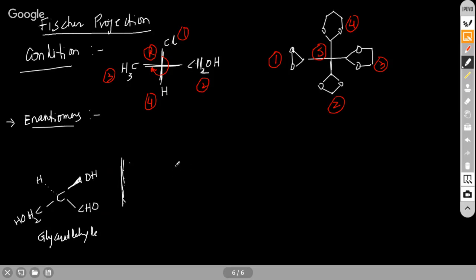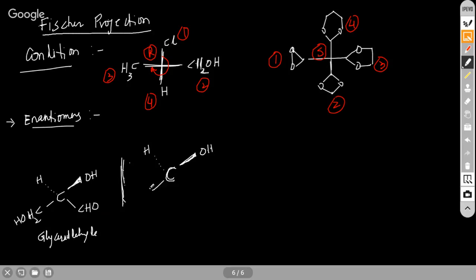First of all, the bond which is going into the plane and out of the plane won't change, because we have mirrored this side, right? We have placed a mirror adjacent to this molecule, right? So these two bonds will not change. OH will be coming out of the plane. H will be going into the plane.